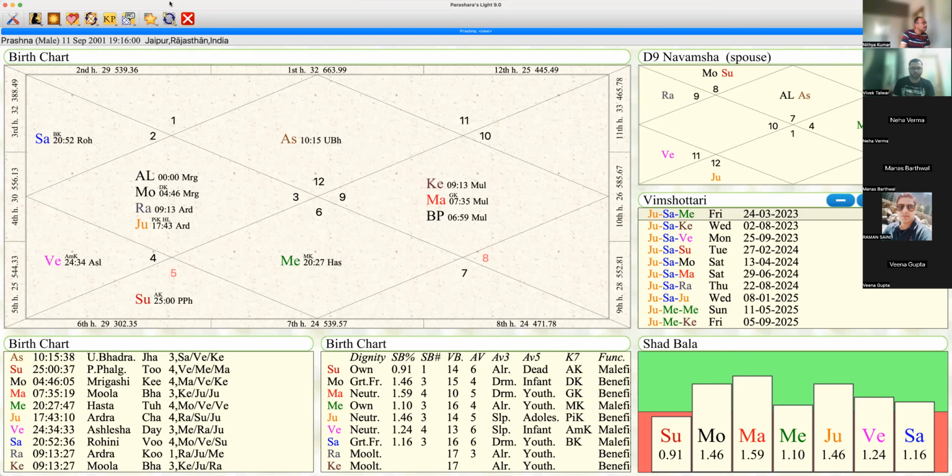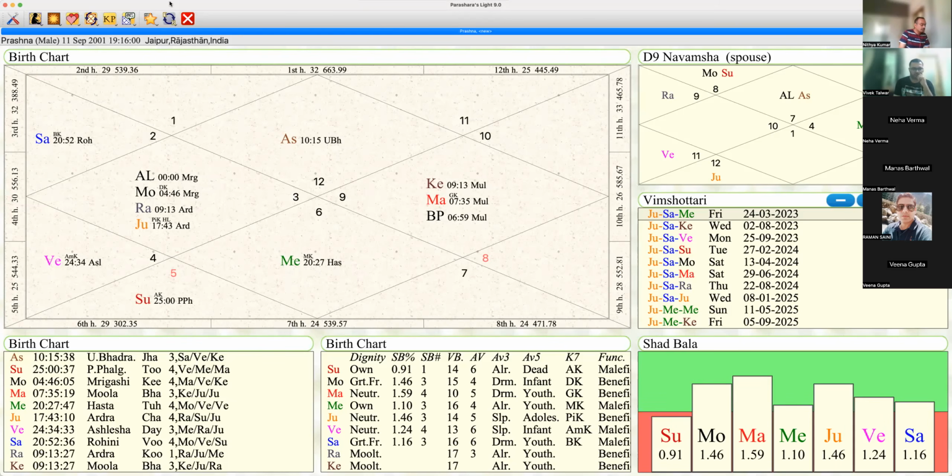Mars in Mula, Ketu in Mula, Bhrigubindu Point in Mula, the Lord of the third house and the eighth house. Third house is eighth from the eighth.